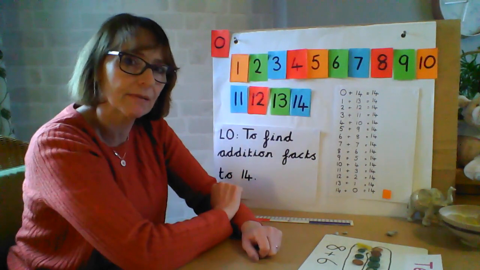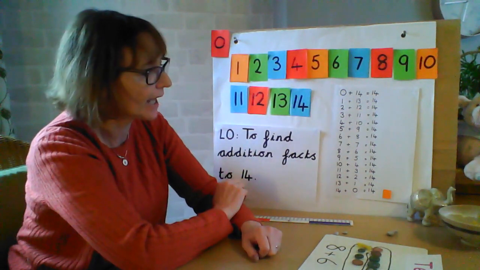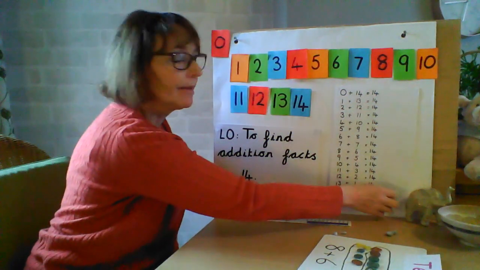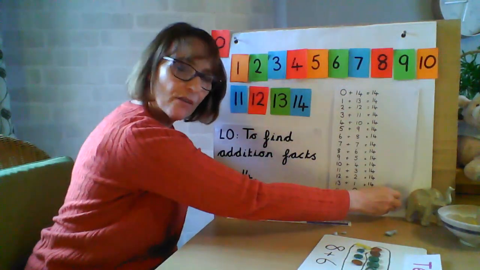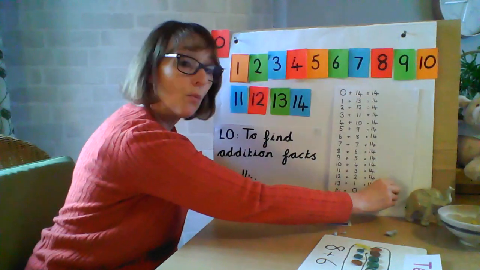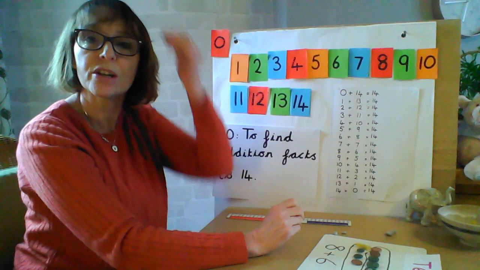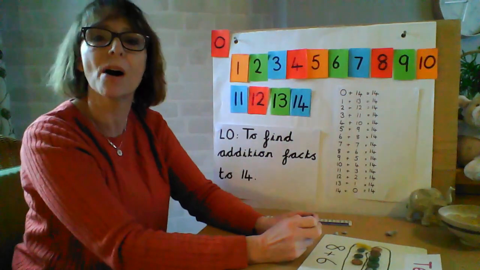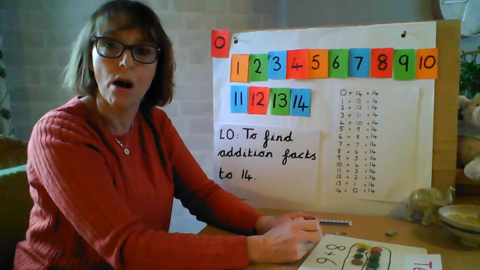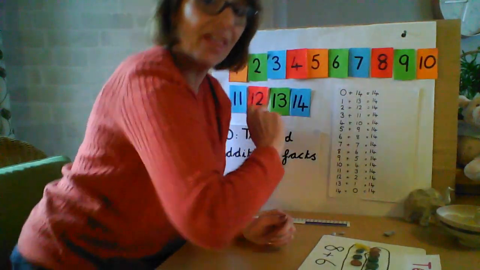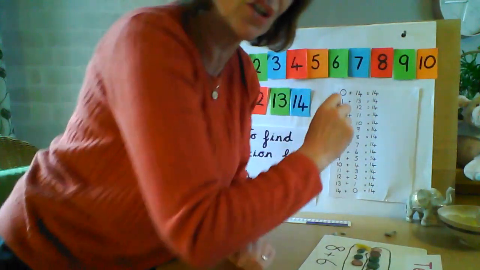So I'm going to play a little game now, okay? Because now we know all our addition facts to 14. I'm going to cover a number over, and I want you to see if you can work out from what you know, which addition facts you know, which number I've covered. So I'm going to stand in front of the video so you don't see, okay? And then you've got to tell me which one's missing. So close your eyes.